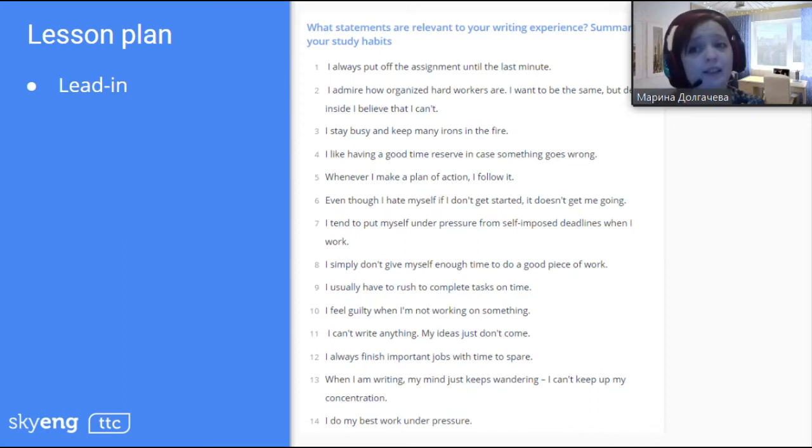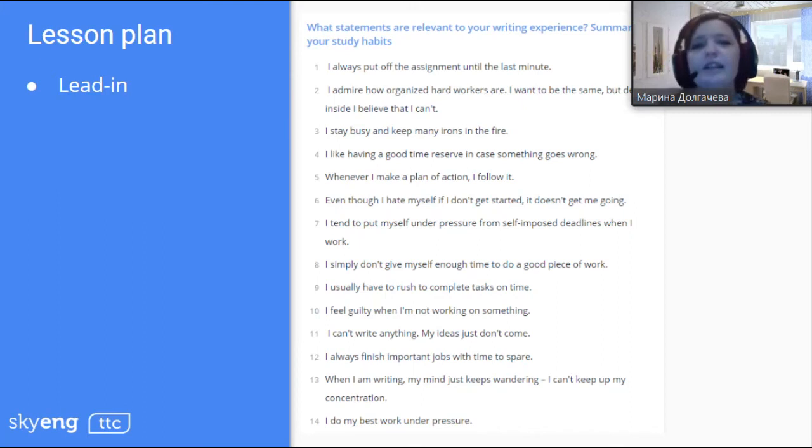And all lessons, it doesn't matter what we are going to teach our students, all of them start with the leading part. Warm up, ice breaking, it all depends, whenever you wish. It is a great idea to use activities during that leading part which are somehow connected with the piece of writing you're going to ask your student to write as a homework activity, or maybe you will do that slowly during the lesson.